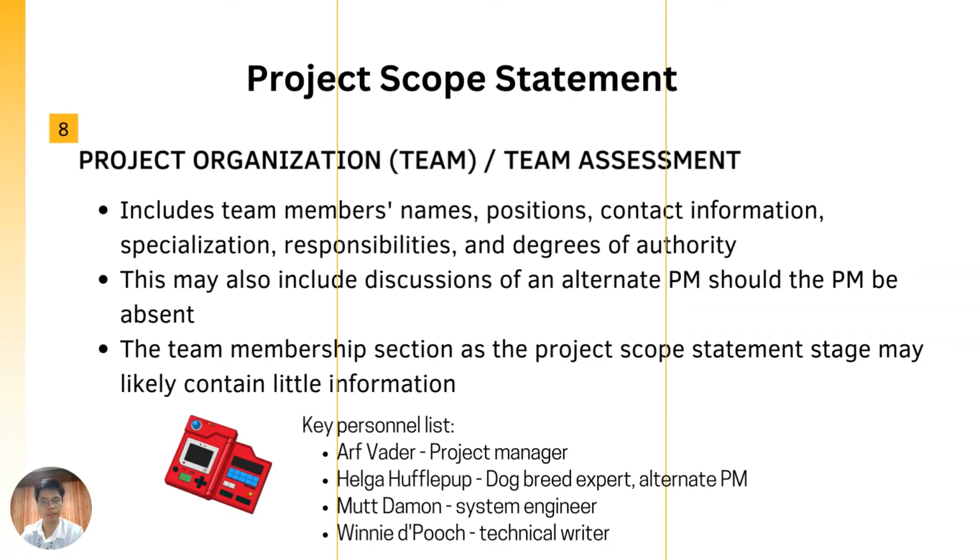In addition, it may contain the member's responsibilities and specialty area, such as computer programmer, architect, or engineer. This section could also be as simple as listing an alternative project manager, signifying that the team member has a signing power in the absence of the PM.